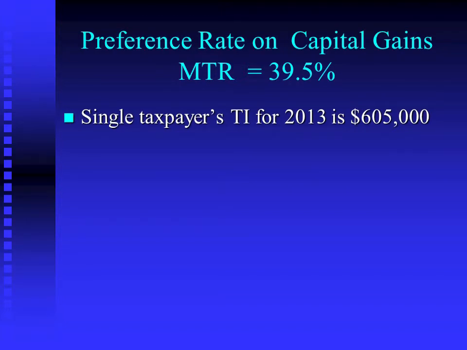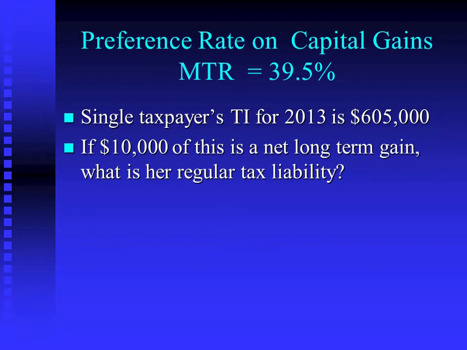And if it's a collectible or it is the real estate 25% rate, I have to give you extra facts, right? So if I just tell you that there is a net long-term capital gain, that will just be the vanilla 0, 15, or 20% rate. If I want you to think about the other two issues, I will flag it with facts that make it clear that it's not just selling stock or something.